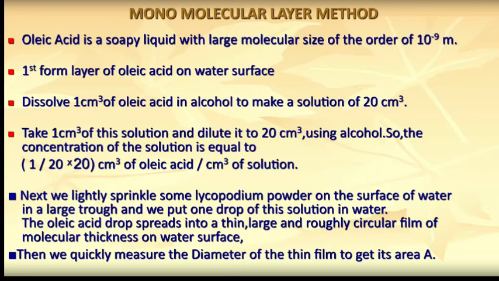So dear friends, in this method we take the oleic acid solution, which is mixed with alcohol. Then we take the dilute solution, 1 part, and sprinkle the lycopodium powder on the water, and we get a thin circular film of molecular thickness on the water surface.